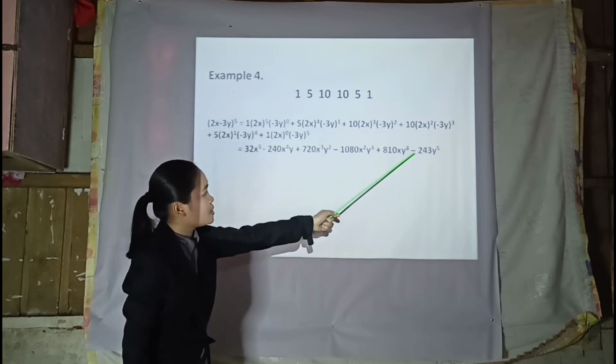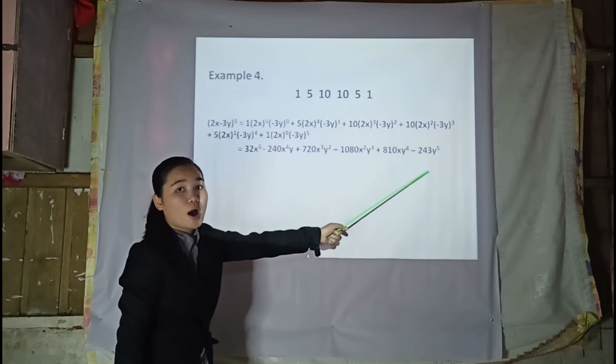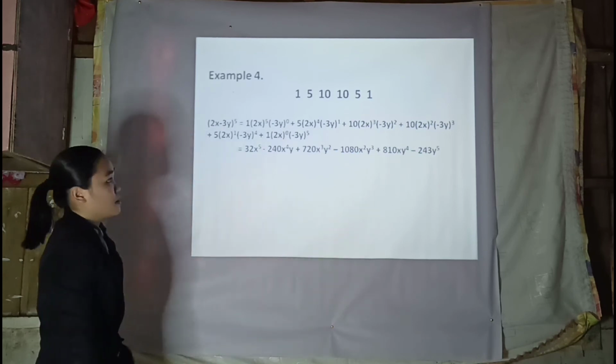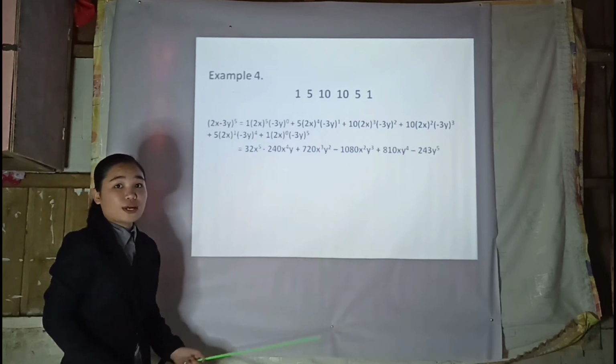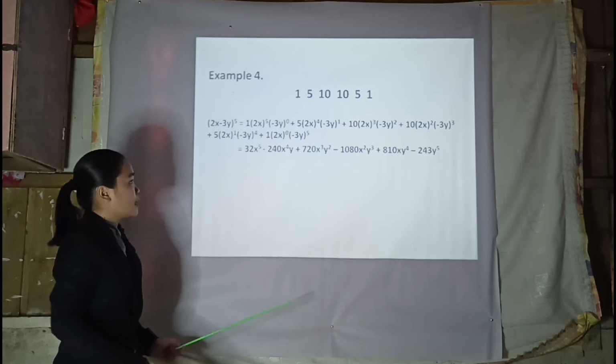So, the answer is negative 243y raised to 5. I am too fast. Do you understand? Okay, let's proceed.